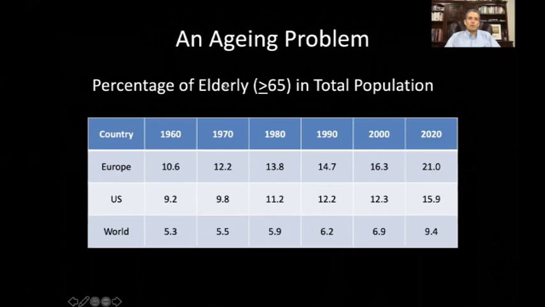The percentage of individuals 65 or older in Europe back in 1960 was only 10.6%. Now, 21%. In the US, it was 9.2, now it's 15.9, and worldwide it was 5.3, now it's 9.4. So our populations are getting older, and because they're getting older, there are higher rates of cancer developing in the populations.